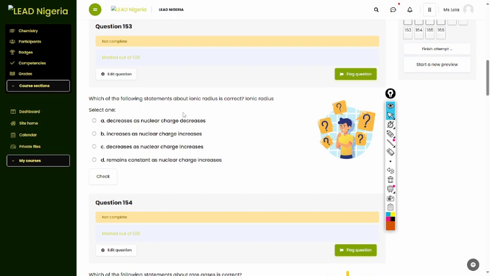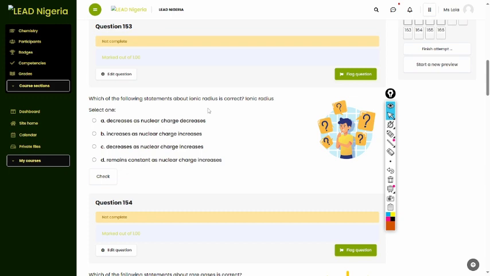Which of the following statements about ionic radius is correct? We're trying to see the relationship between ionic radius and nuclear charge. Ionic radius is similar in trend to atomic radius.